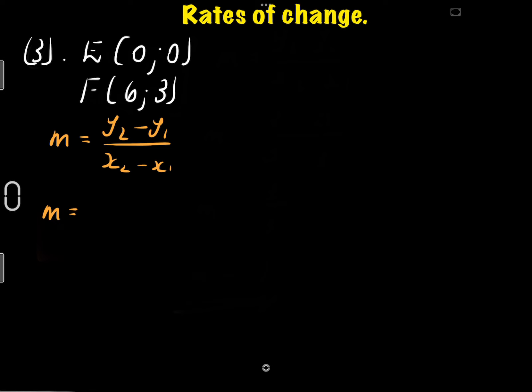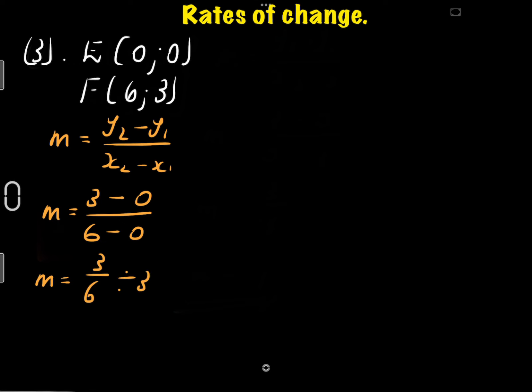So in this case we have F and E, so I'll start with F this time: 3 subtract 0, and then 6 minus 0 as well. 3 subtract 0 is simply 3, 6 subtract 0 is simply 6.